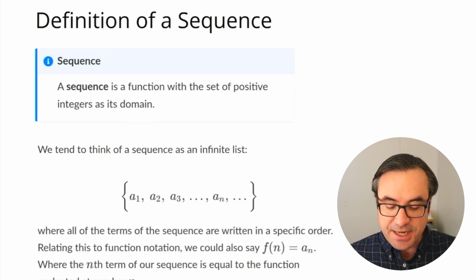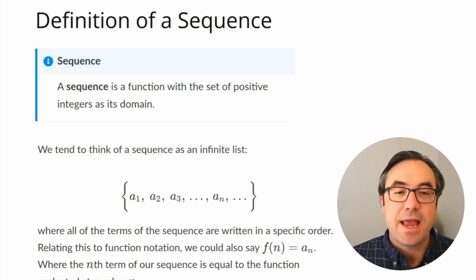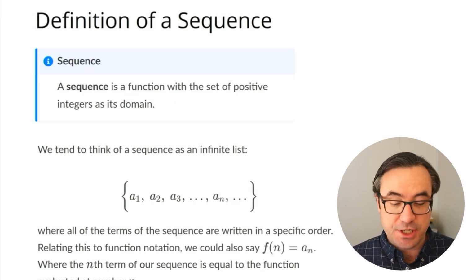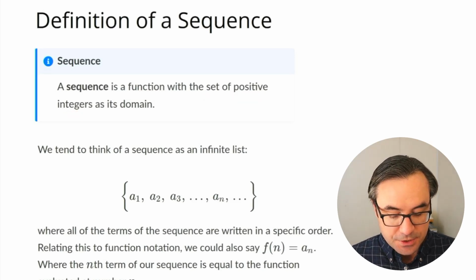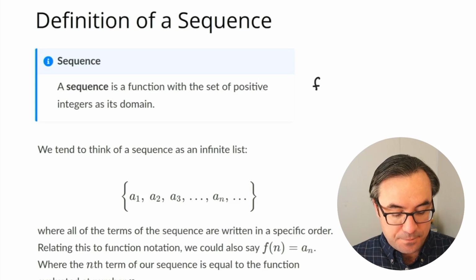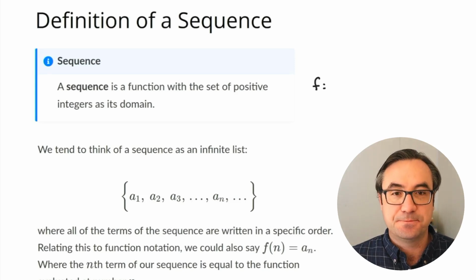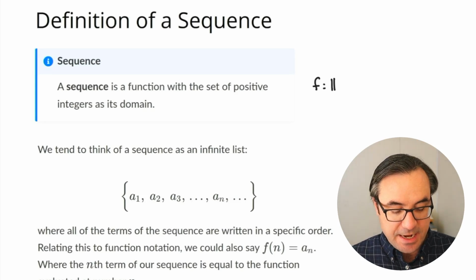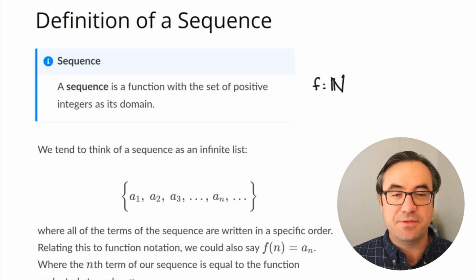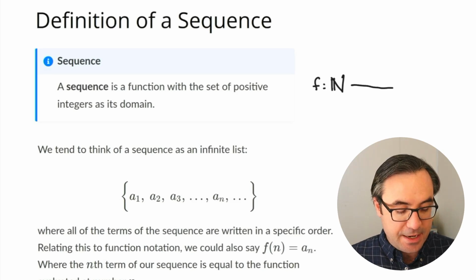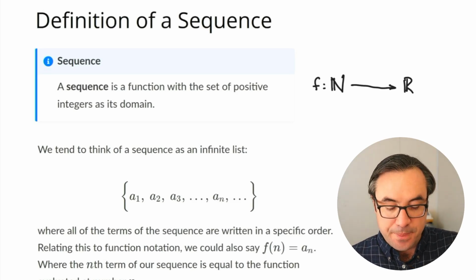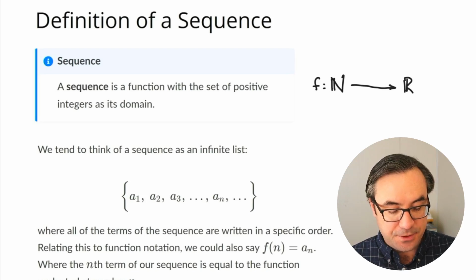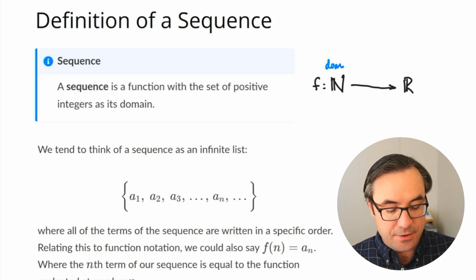All right, so what is the definition? Well, a sequence is a function, and the domain of this function is the set of positive integers. So our function f in this case is going to take a natural number, a positive integer, and give us out a real number.